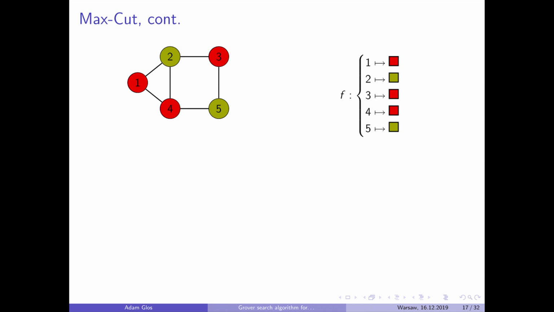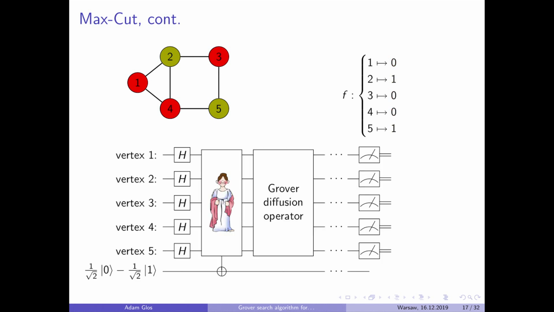Furthermore, since we have only 2 colors, we can use just a bit. So if a node should be red, it should be, say for now, a 0. If it should be brown, it should be a 1. We can obviously drop the colors because we don't need them anymore. And since we are searching for a bit string, which is actually a number, we can use it for searching in our Grover search algorithm.